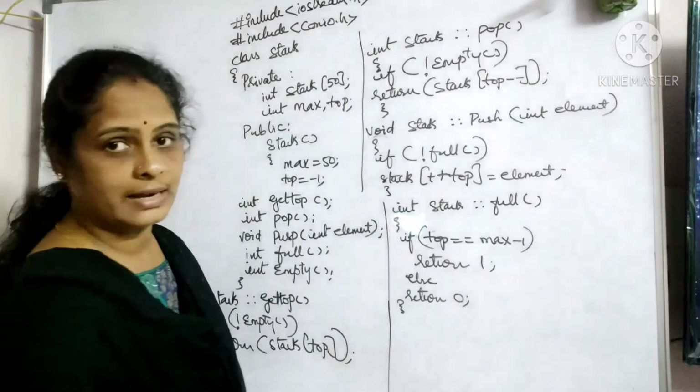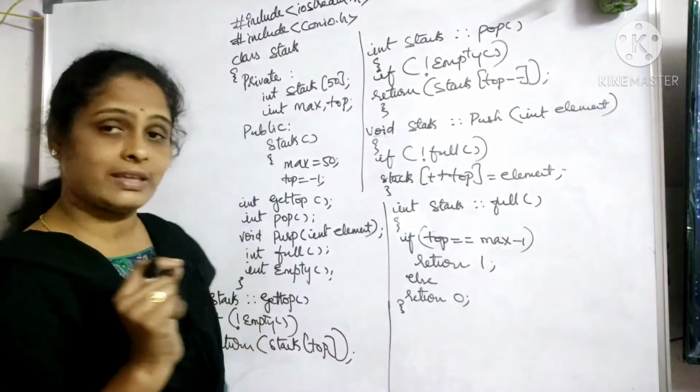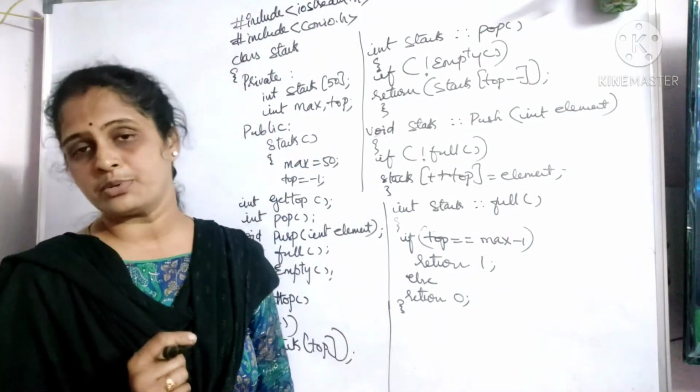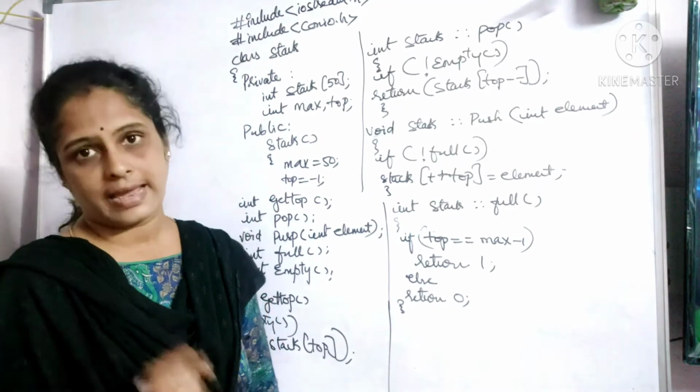In the same way, we'll write for is empty also. When do I say that the stack is empty? When the top is at minus 1 position, then I say that the stack is empty.